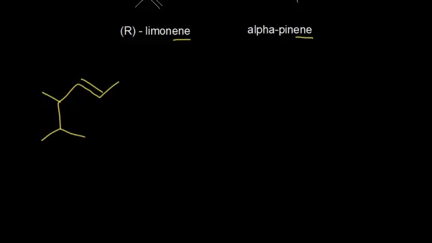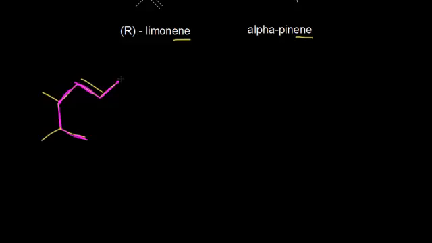We're going to do the same thing for alkenes, except this time we're going to find the longest carbon chain that includes our double bond. You could go like this. That would be the longest carbon chain including our double bond.